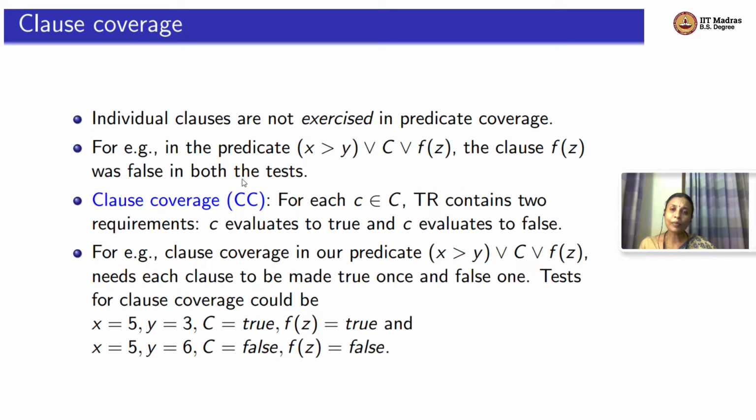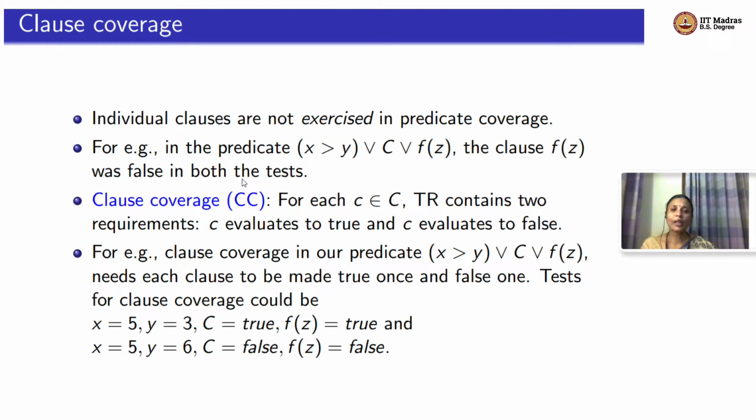So, to overcome this drawback, we introduce a new coverage criteria. We say consider covering every clause. So that is called clause coverage. For each clause that you collect from all the predicates in your software artifact, your test requirement contains two. Per individual clause, C, let C evaluate to true and let C evaluate to false.